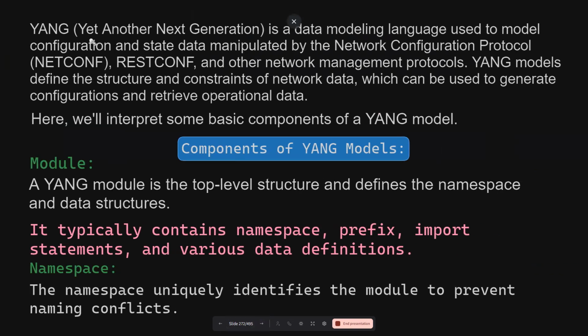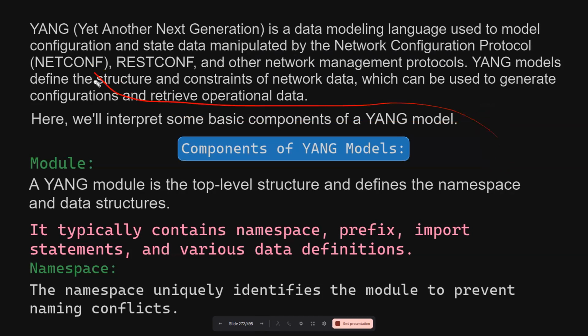So what is YANG? YANG is Yet Another Next Generation language. It is a data modeling language used to model configuration and state data manipulated by network configuration protocols such as NETCONF, RESTCONF, and other network management protocols. YANG models define the structure and constraints of network data. So that means you have some model, you have some structure, and that structure will obviously use some sort of protocols, right?